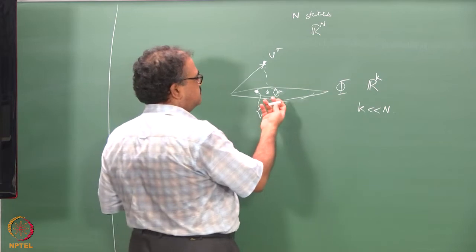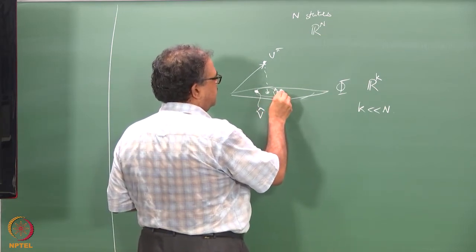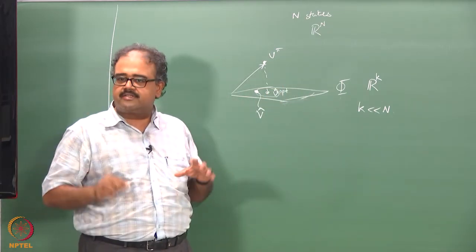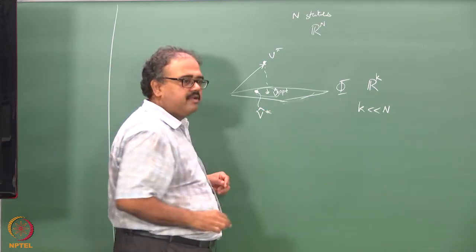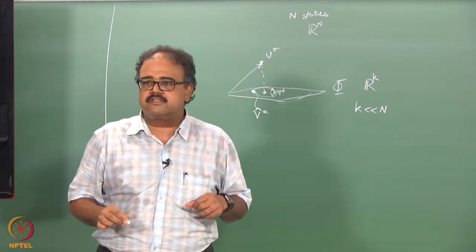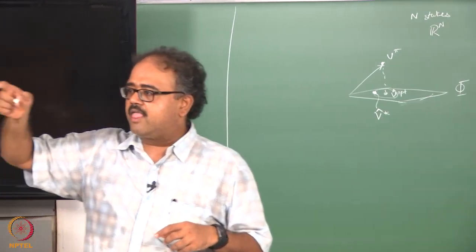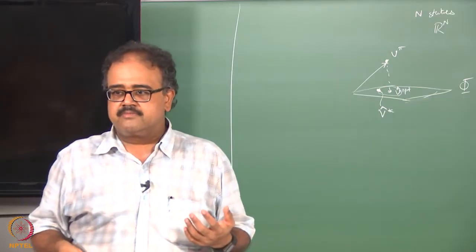So, let us not call that star; I am going to call that v hat optimal. That is the actual optimal thing I want, and star is the one that I will get at convergence. My v hat star will be very close to v hat optimal, but except in some rare cases it will not be v hat optimal.